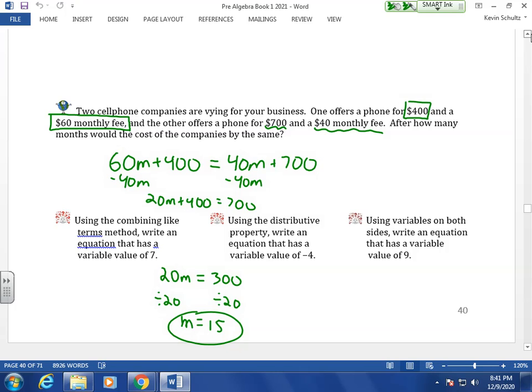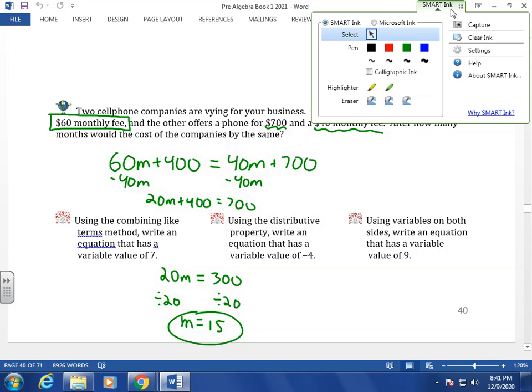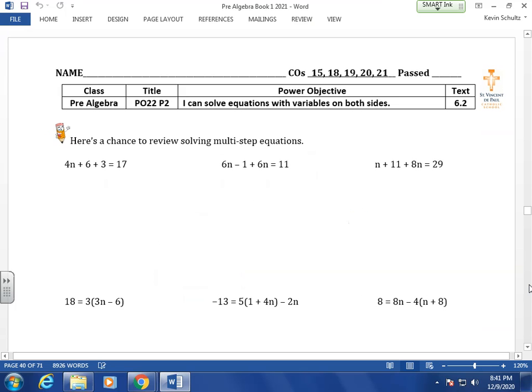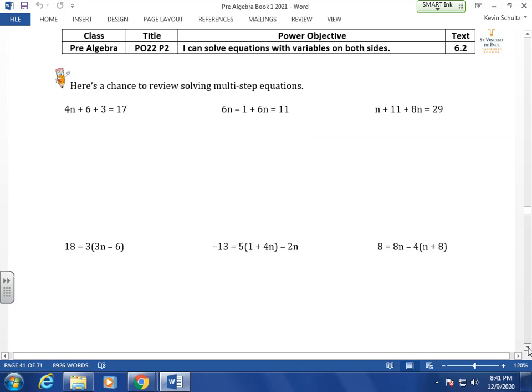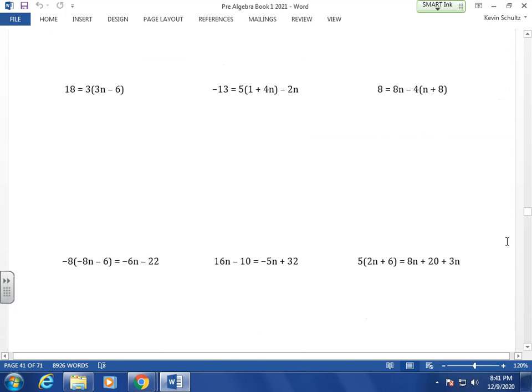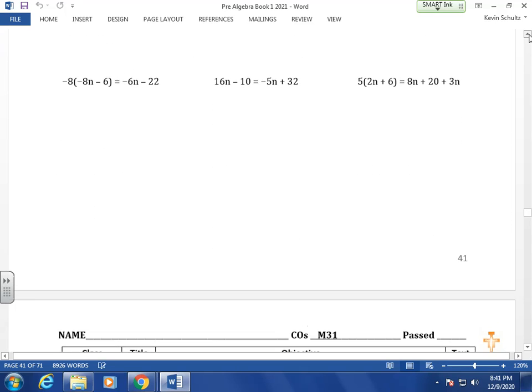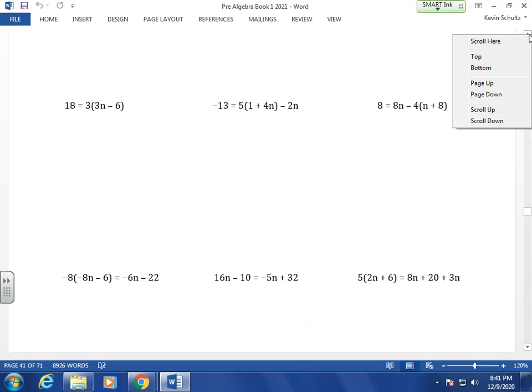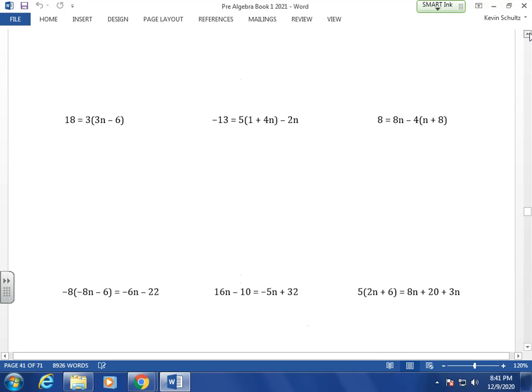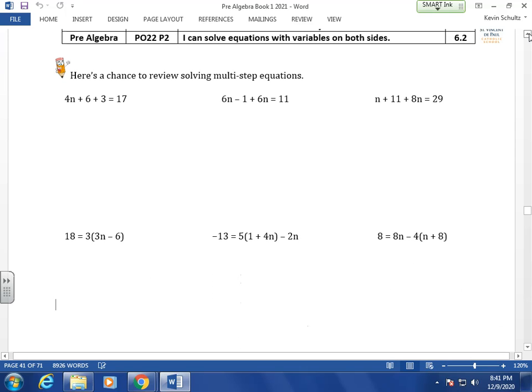All right. What I'd like you to do for your quiz in the Google. We've got kind of a PO22 part 2 here, solving equations with variables on both sides. You've got 3 rows of 3, so 9 in total. I will choose 5 of these to put onto a quiz.